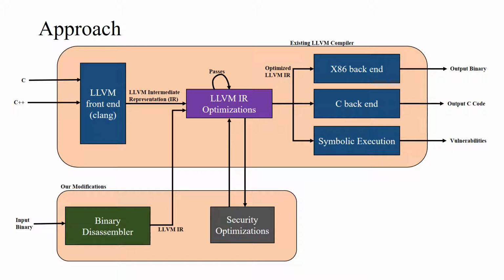IR is a machine-independent assembly language that utilizes an infinite amount of registers. The IR code is then run through optimizations, known as compiler passes, and output as a machine-dependent assembly language, where the assembly language is specified by the target architecture.